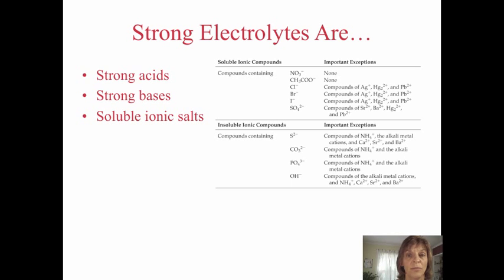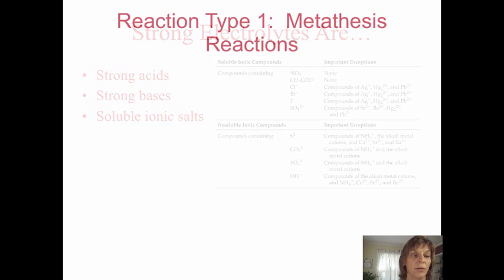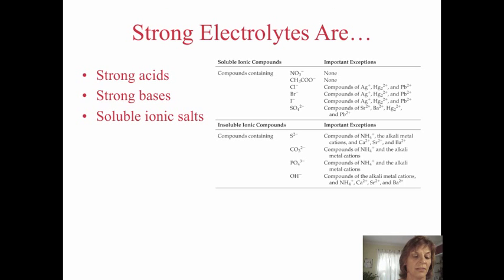Also making strong electrolytes are these soluble ionic salts. A few of these rules that I'll point out right now are that nitrates in a salt always, always, always are soluble and always are strong electrolytes. Acetates, always soluble, always strong electrolytes.